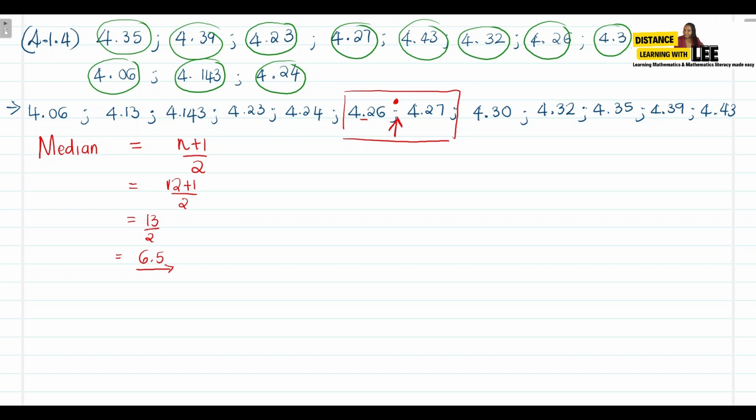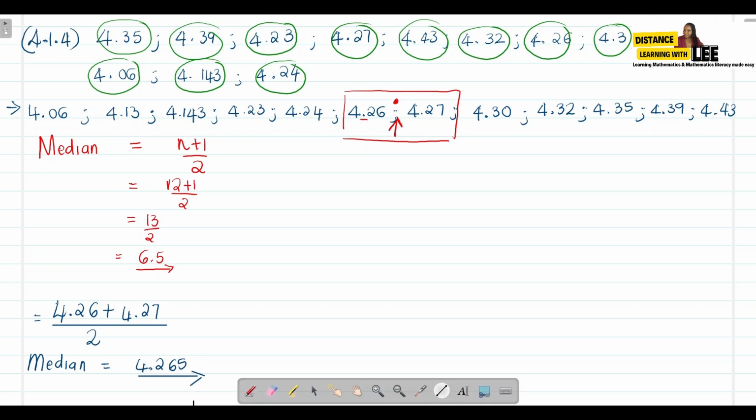So let's do that. It's going to be 4.26 plus 4.27 divided by 2. Okay, so if you punch this into your calculator, you will get that the median is equal to 4.265.